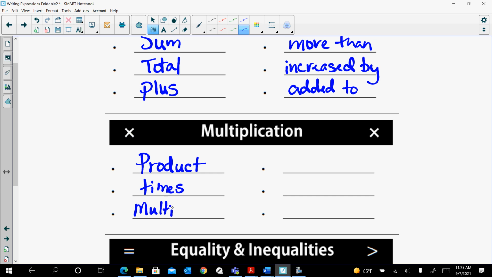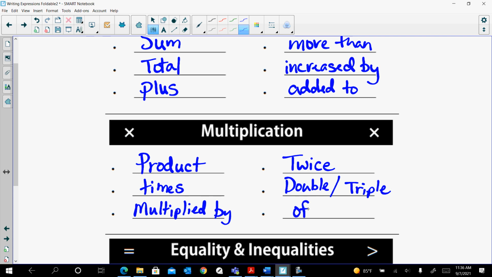They could also say multiplied by to show multiplication. Twice, if I see the word twice, that's indicating multiplying by 2. So that's multiplication. Double or even triple is indicating multiplication. And the word of is indicating multiplication.